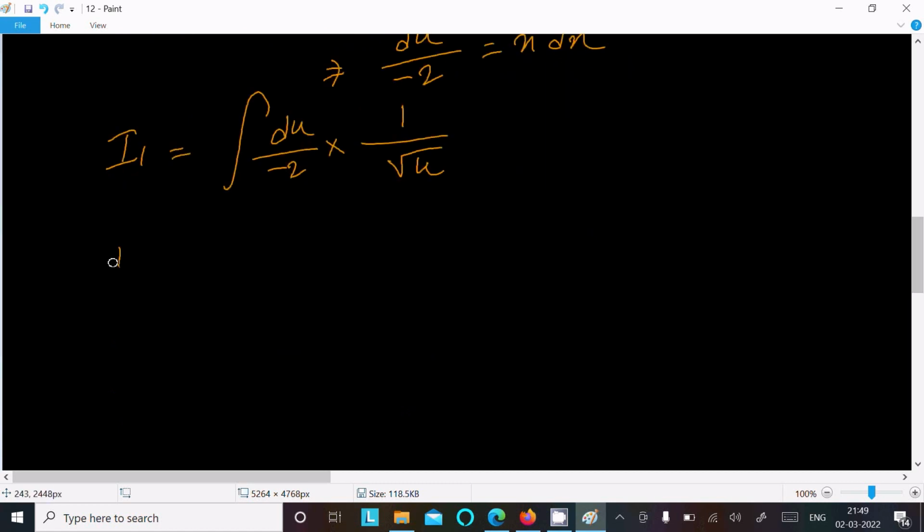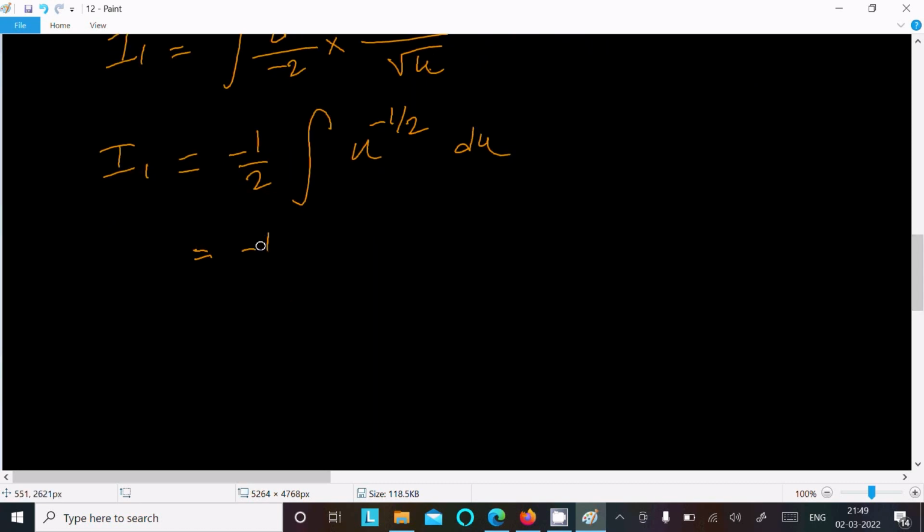Now after that here I1, we can write minus 1 by 2, and this root u we can write u power 1 by 2, and 1 by 2 that moves up, so this is now u power minus 1 by 2, and here du.